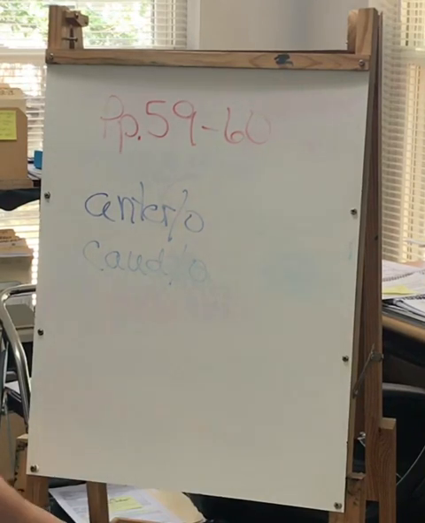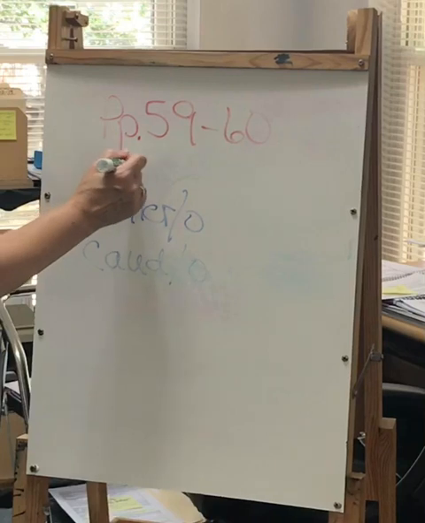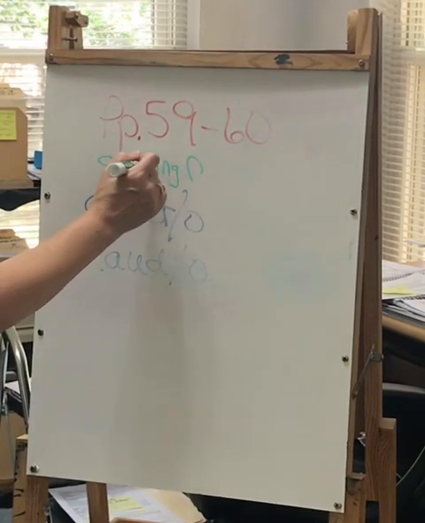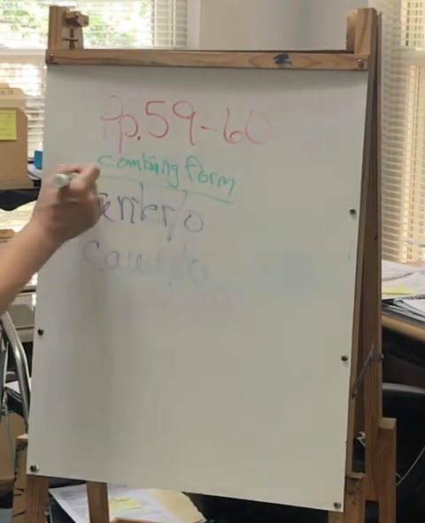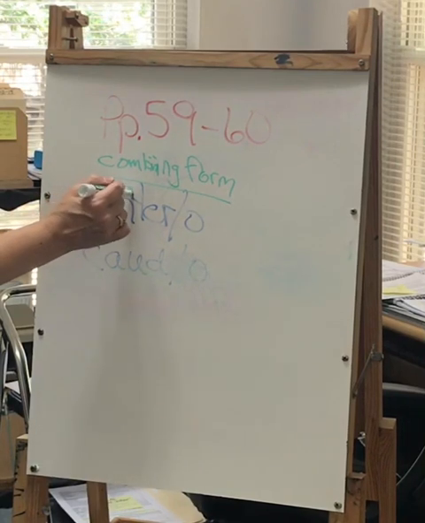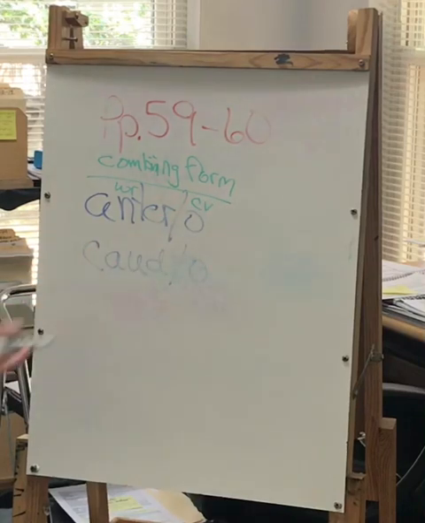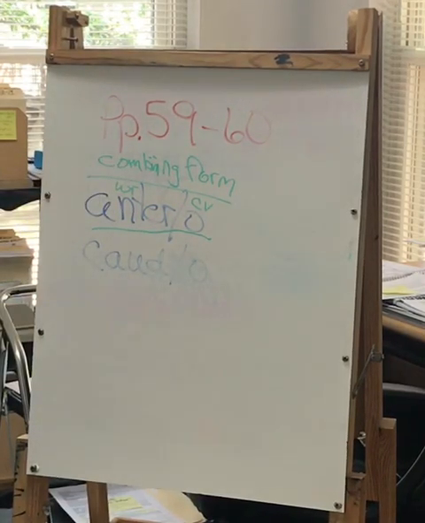Now, what I want to make sure you understand, even though they call this a combining form, which it is, you have to remember, enter is a word root and o is your combining vowel. Together, they make a combining form.